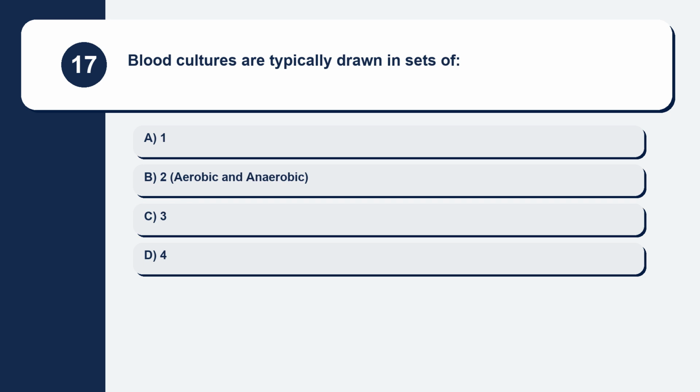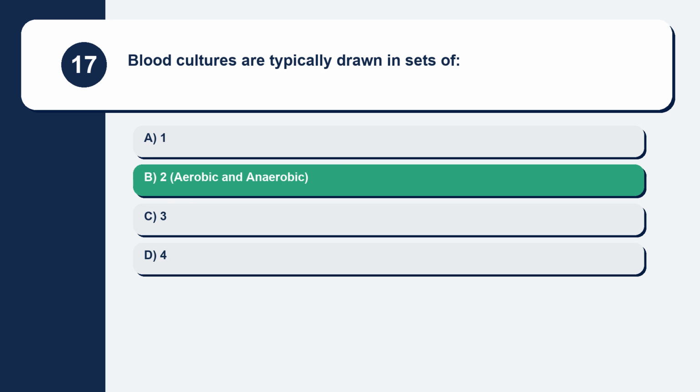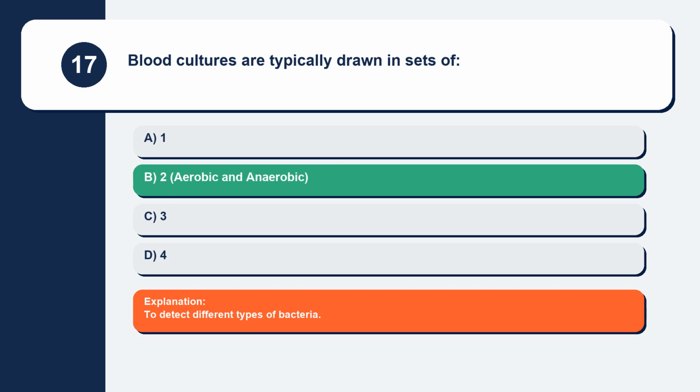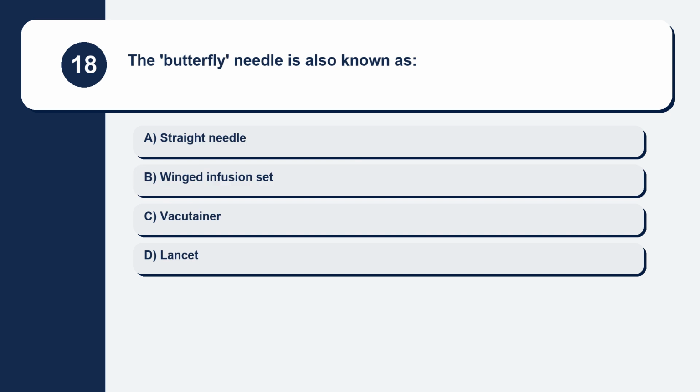Question 17. Blood cultures are typically drawn in sets of 1, 2 aerobic and anaerobic, 3, 4. To detect different types of bacteria. Question 18. The butterfly needle is also known as straight needle, winged infusion set, Vacutainer, lancet.